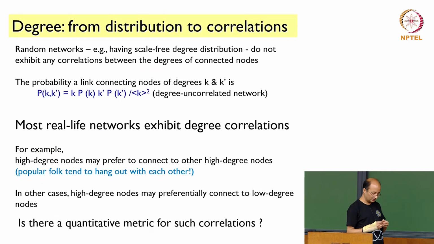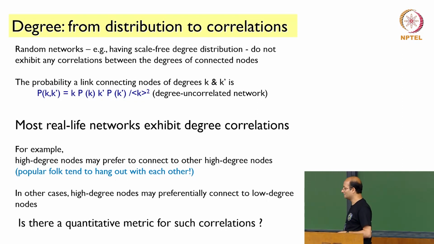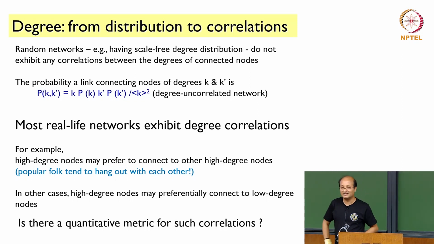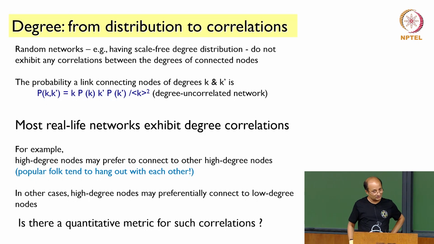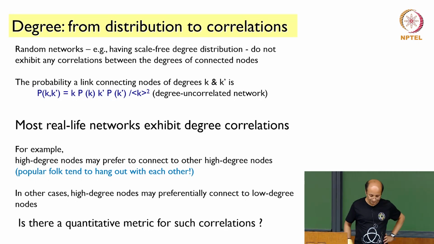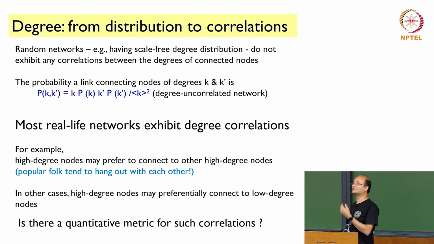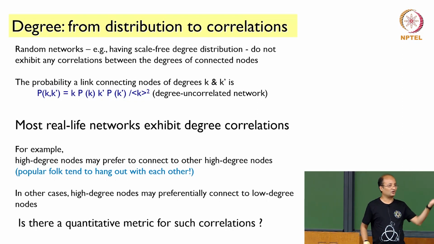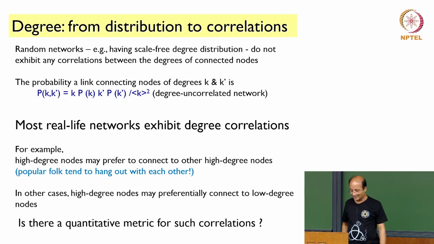So before we go into the proper meso-level structures, let me say that even something like degree, you can actually look at in a way which is not global, nor quite a micro-level property. If you look at the degree of a single node, it's a micro property. But if you look at the degree distribution, that's a global property because you're talking about the entire network's distribution of connections per node.